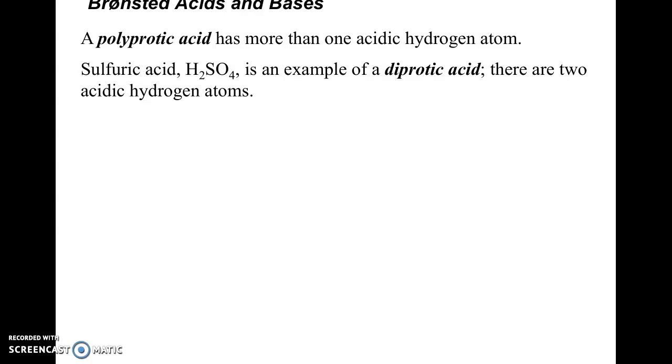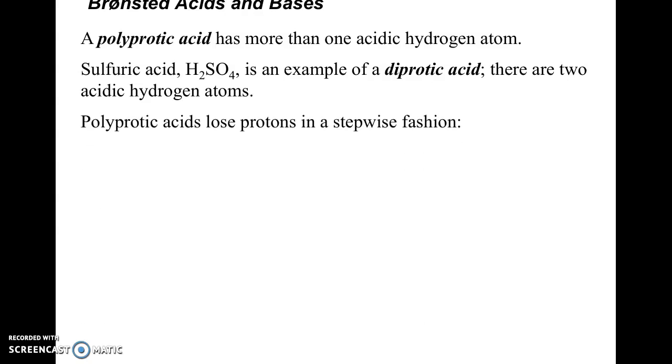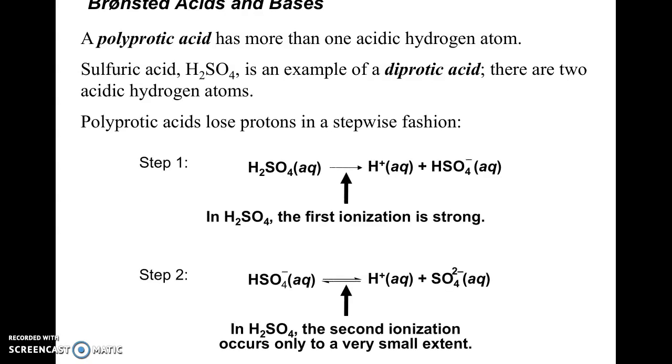But it's actually a diprotic, H2SO4, so it has 2 acidic hydrogens, and those hydrogens or protons are lost in a stepwise fashion, and this reaction shows that it loses the first one and creates HSO4 minus ion. That ion can then go on and lose a second hydrogen, leaving the sulfate ion.